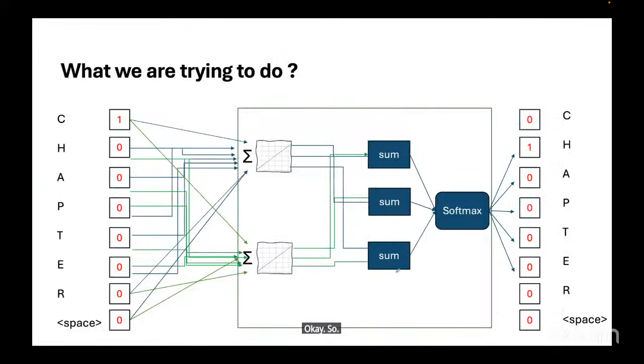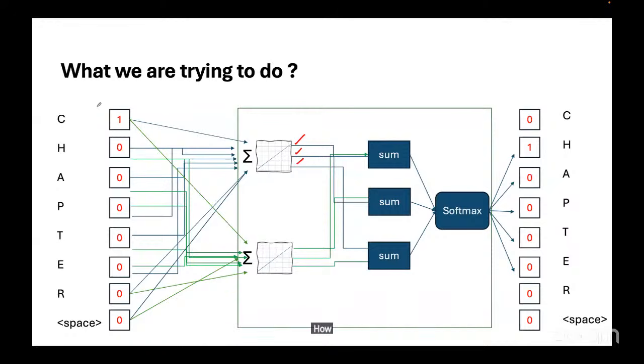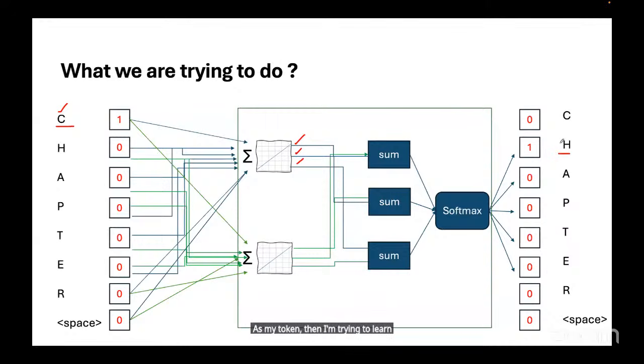So what are we trying to do? We are trying to make this neural network learn. This is a very small toy neural network, and I'm working with it. What we are trying to do is learn the weights of this neural network. How will these weights be learned? Suppose my initial characters are CHAPTER, and then there is a space. If I have C as my token, then I'm trying to learn that H should be the next token.